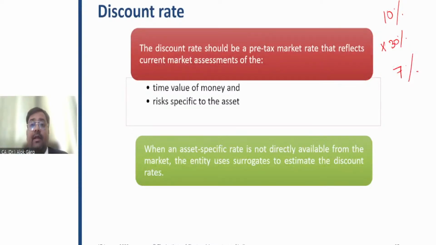The same bank, let's say HDFC Bank, is lending to Nestle and to a real estate company. Same bank, same pool of funds, they will charge a higher rate of interest to the real estate sector in comparison to the FMCG sector, right?